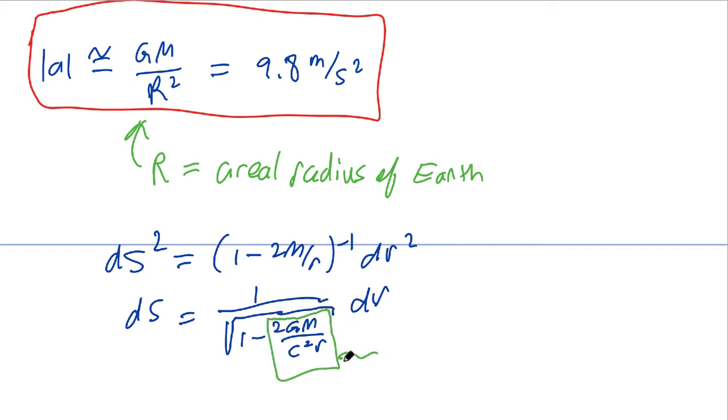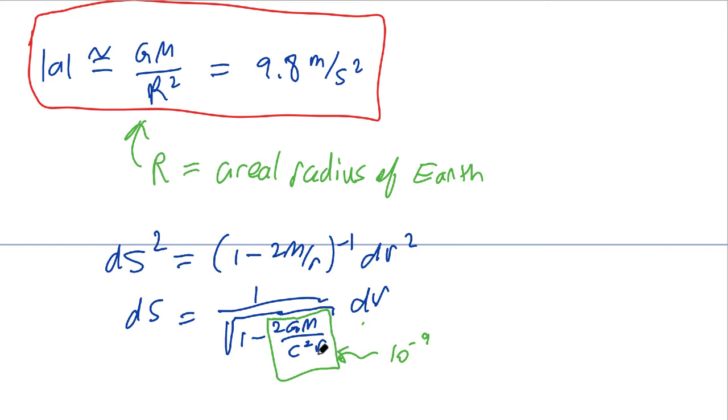That was approximately 10 to the minus 9 near the surface of the Earth. So the difference between areal radius and proper radial distance is pretty negligible near the surface of the Earth.